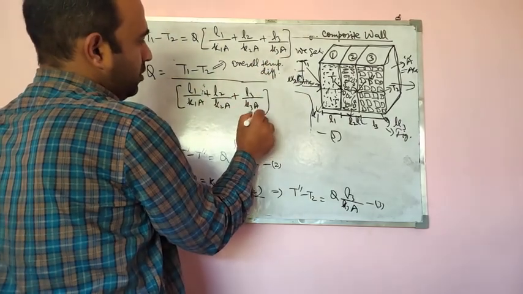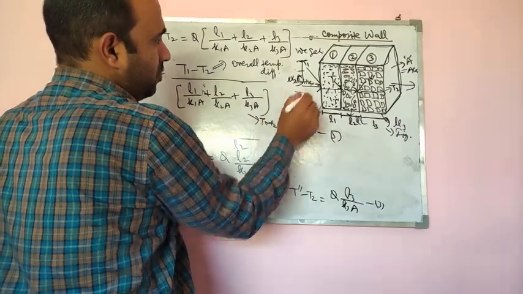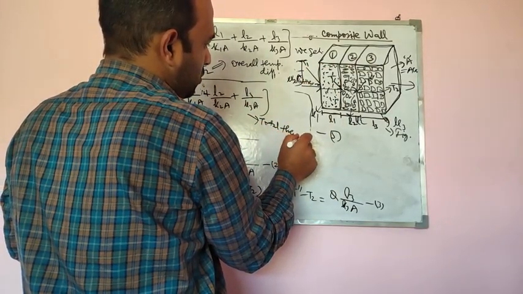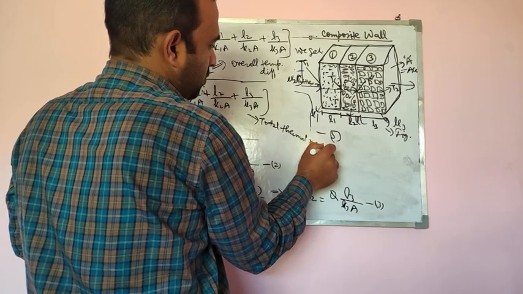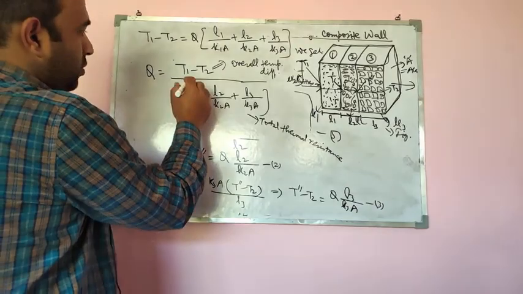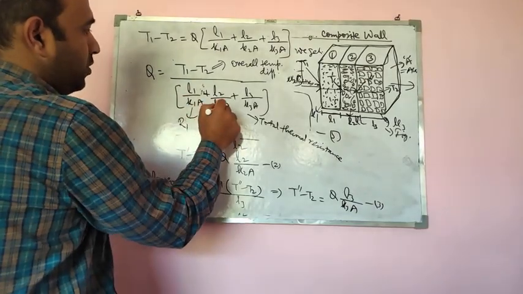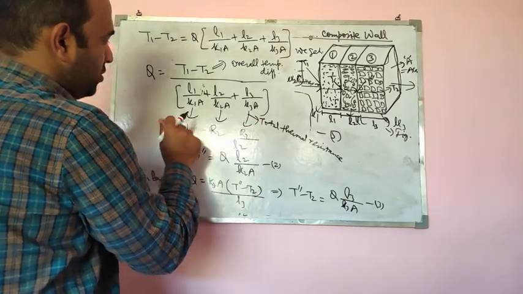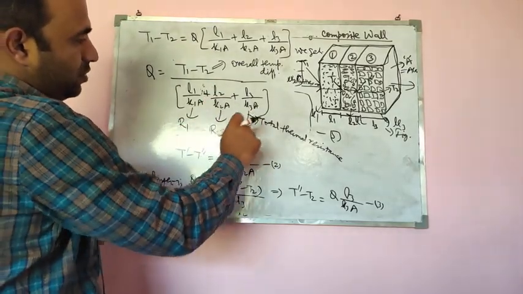And this is basically the total thermal resistance that's offered by this composed wall. So this is basically your thermal resistance. We can say it's R1, this will be R2, R3: resistance by layer 1, resistance by layer 2, resistance by layer 3.